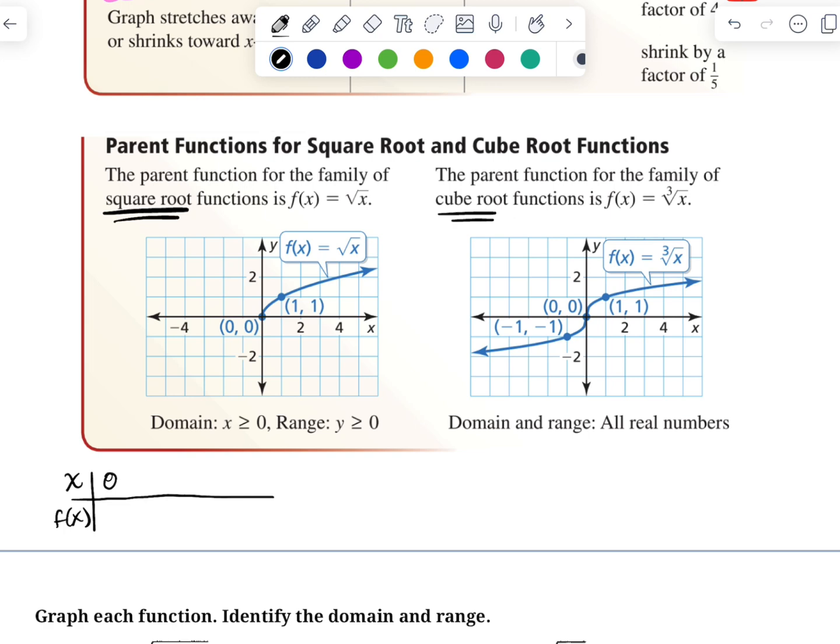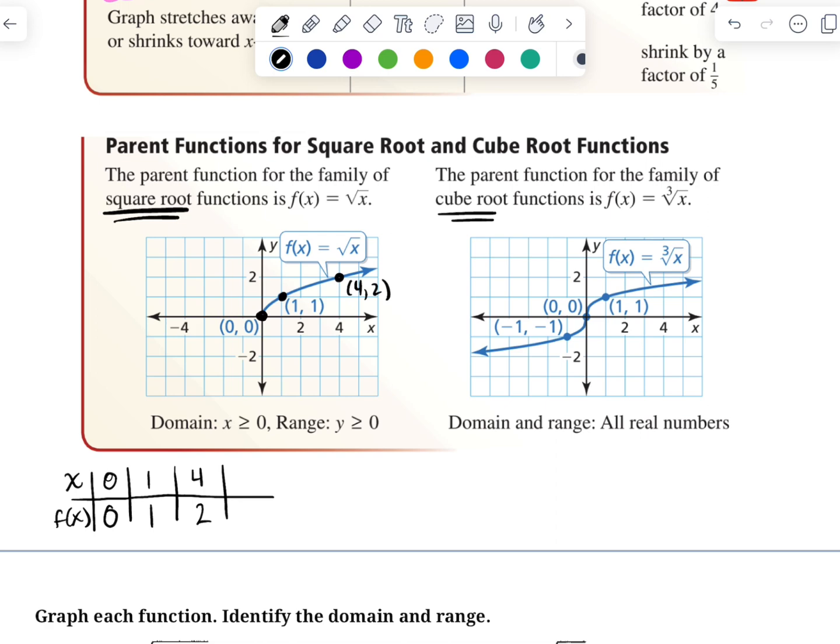For example, we're taking 0, substituting that in, that's how we get 0 out for one of our key points on our square root function. 1 is another good point to put in because the square root of 1 is 1. And then the next point that I would look at would not be 2 or 3. It would be what we get when we substitute in 4, because the square root of 4 is 2. So we have this ordered pair right here at (4, 2).